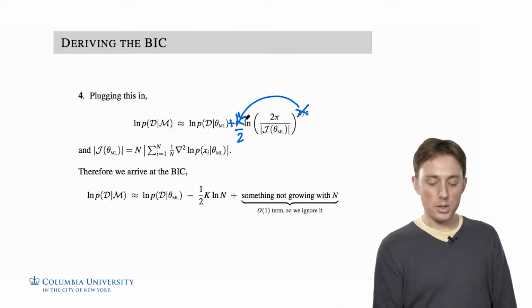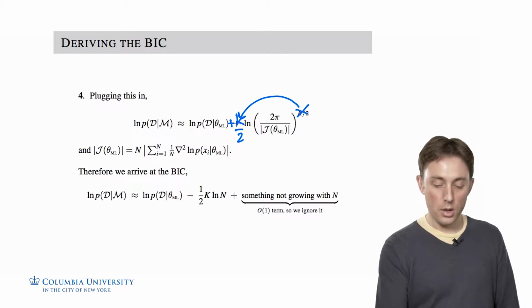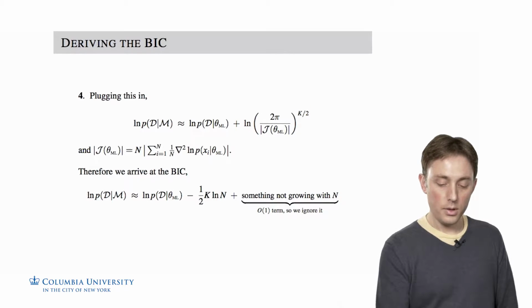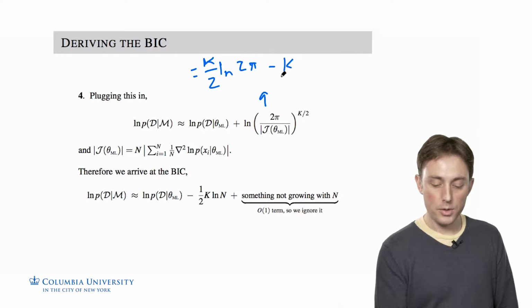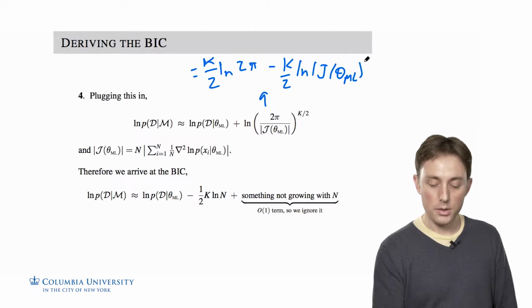And then notice what's going on with this term. I'll write it out to be more clear. This term is equal to k over 2 times the log of 2 pi minus k over 2 times the log of the determinant of j evaluated at the maximum likelihood solution.